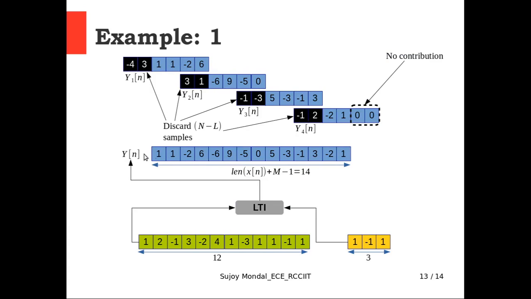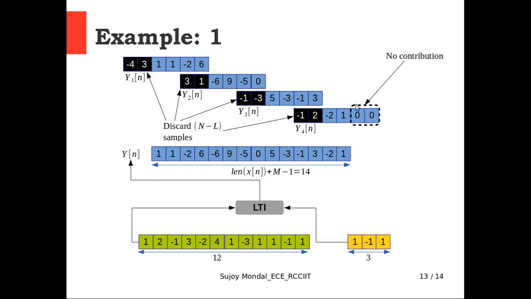If we do that, the final output is 1, 2, -2, 6, 1, 2, -2, 6, then -6, 9, -5, 0, then 5, -3, -1, 3, then -2, 1, and these two are automatically 0.